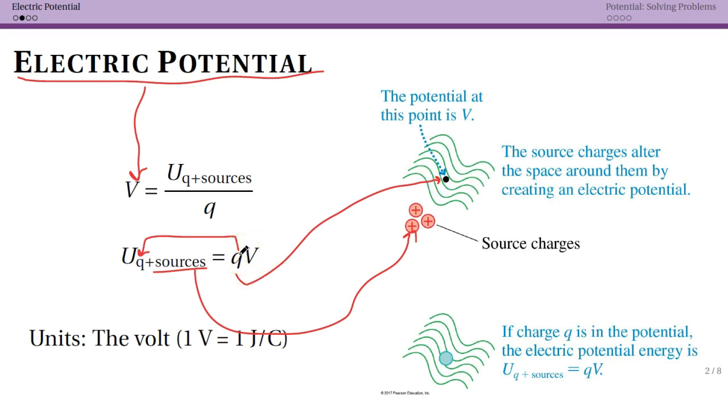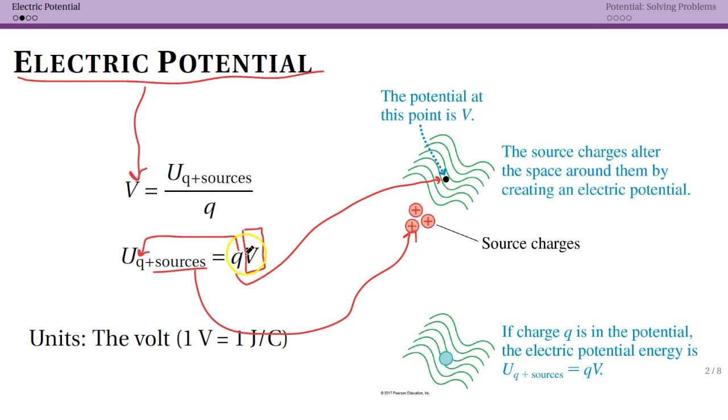So this is a way of talking about potential energy, but without talking about every single charge that might be occurring. We can break this into the source, which creates V, the electric potential, and then again our probe charge, just like we talked about with electric field and force. So that's kind of a parallel that's happening here.